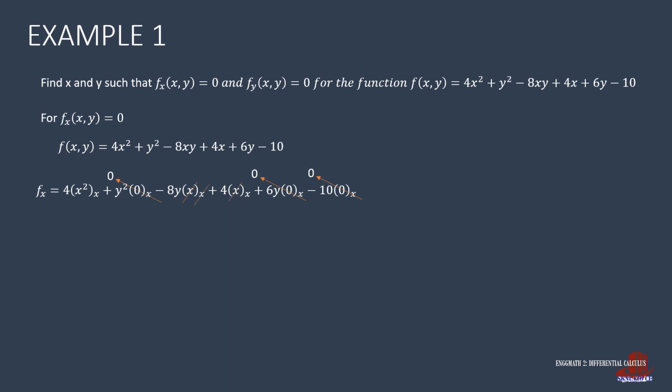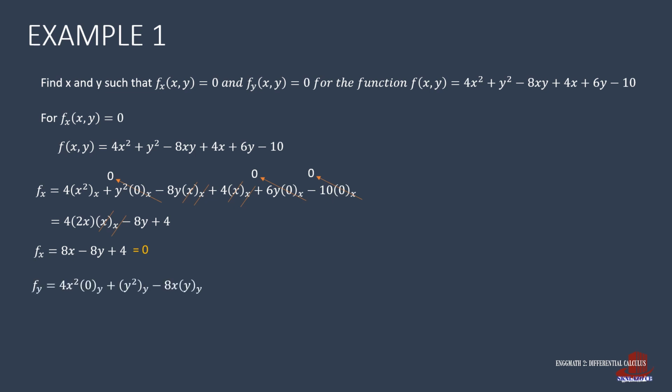Note that the derivative of x with respect to x is 1. So, f sub x is 4 times 2x multiplied by the derivative of x minus 8y plus 4. So f sub x is 8x minus 8y plus 4. Again, this is equated to 0.